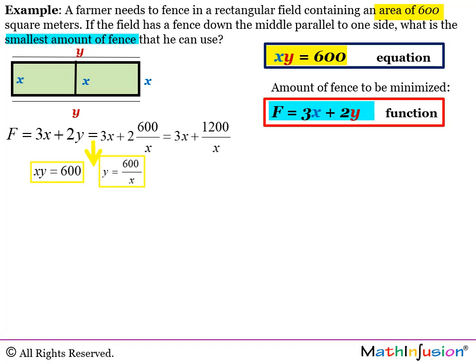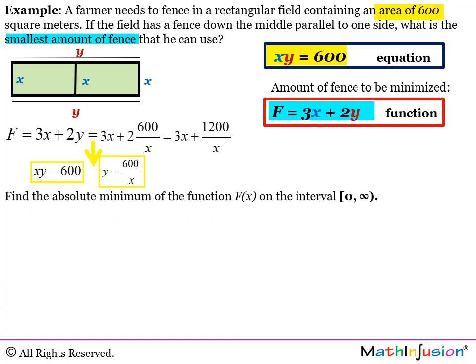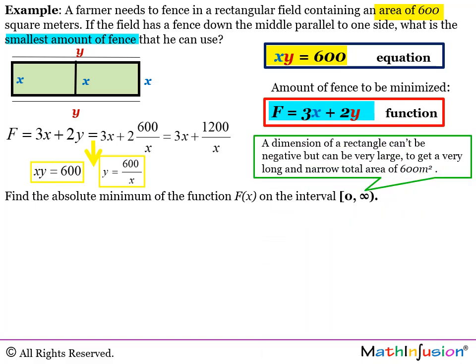Is this an open or closed interval? Well, it is definitely open, or if you want semi-open. The values of x cannot be negative, but they can be as large as one wants. Why? Well, the dimension cannot be negative, but it can be a very large number.